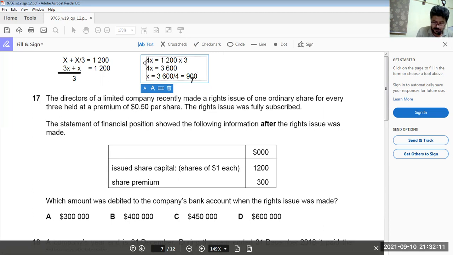Getting my point? Premium on 300,000 shares is 150,000. So 300,000 rights issue plus 150,000 premium. Total is 450,000. Getting my point clear?